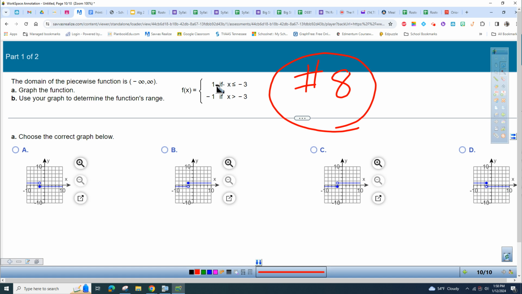Okay, but where y equals 1, that's the top line, right? The top line is y equals 1. We're going to use the numbers smaller than -3. Okay, these are the numbers smaller.